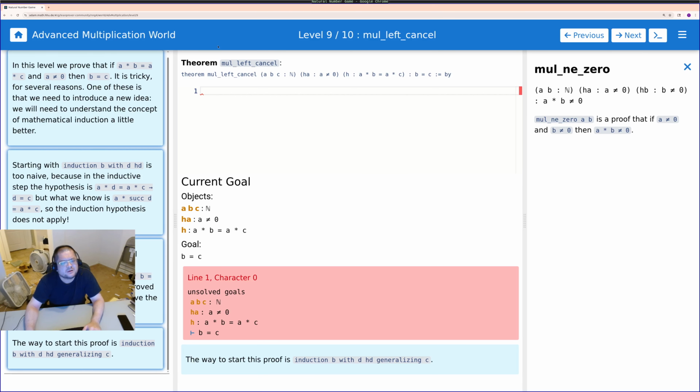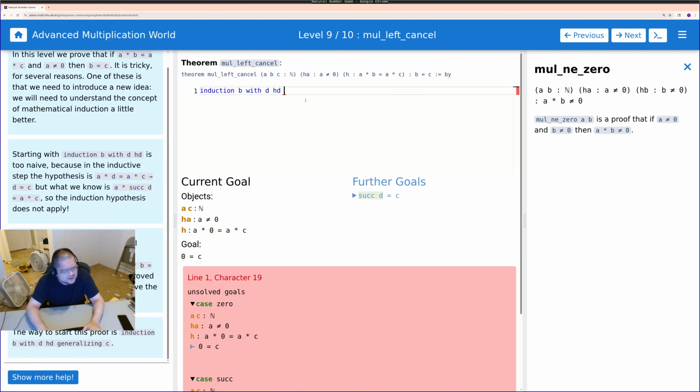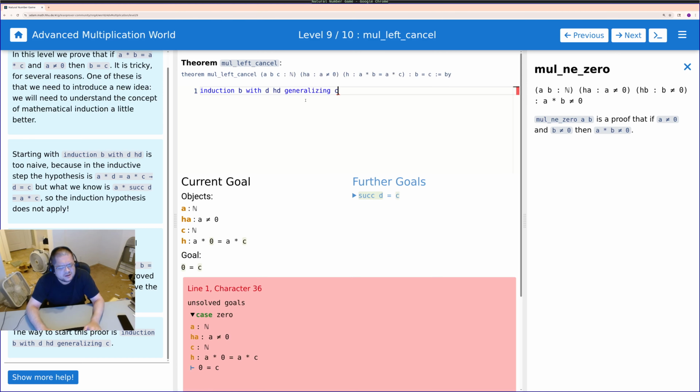This one, induction B with D, HD. Okay, that is a hint. We're going to take it. Okay, the base case is to prove C equals 0. Base case.